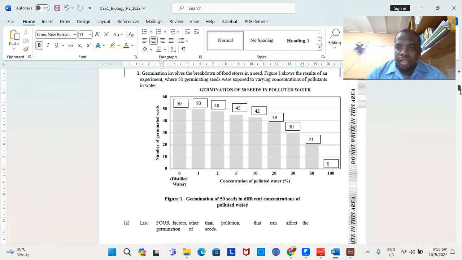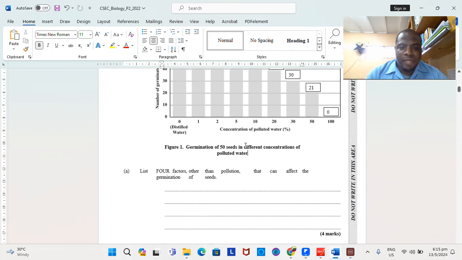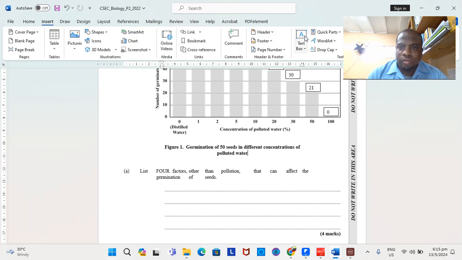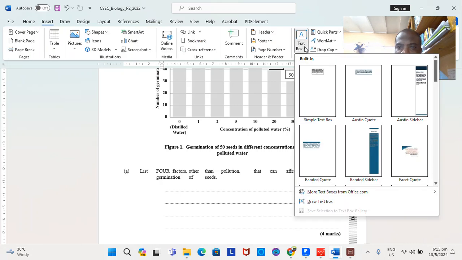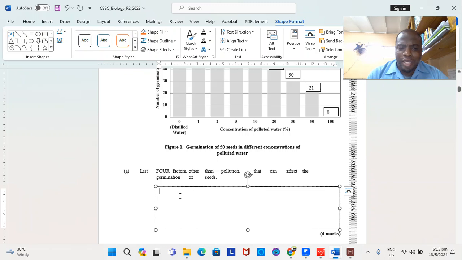Now it says list four factors other than pollution that can affect the germination of seeds. So when we look at germination, we know that usually we have three factors that influence germination.